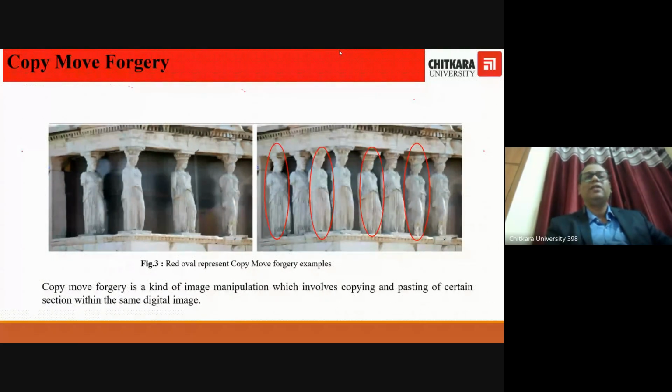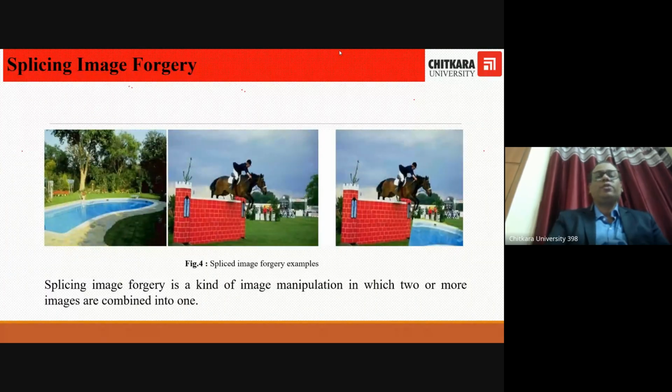So this is a simple example of copy move forgery. Here you can see there are two images. On the left hand side, we have the original image, whereas on the right hand side we have copied some portion of one image and pasted it into the same image, and we created this type of forgery which is called copy move forgery.